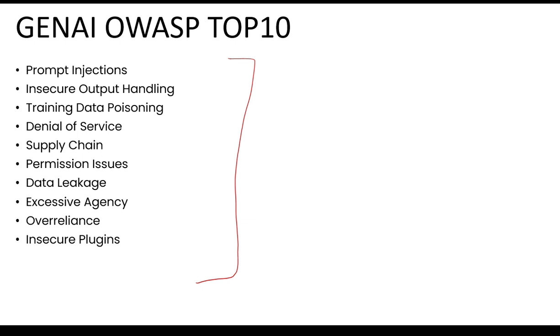These include prompt injections, training data that is not correct, denial of service or DDoS attacks, supply chain and permission issues, excessive permissions given to the LLM model or application, data leakage, where data is not properly controlled in that perimeter, excessive agency, over-reliance, and insecure plugins.